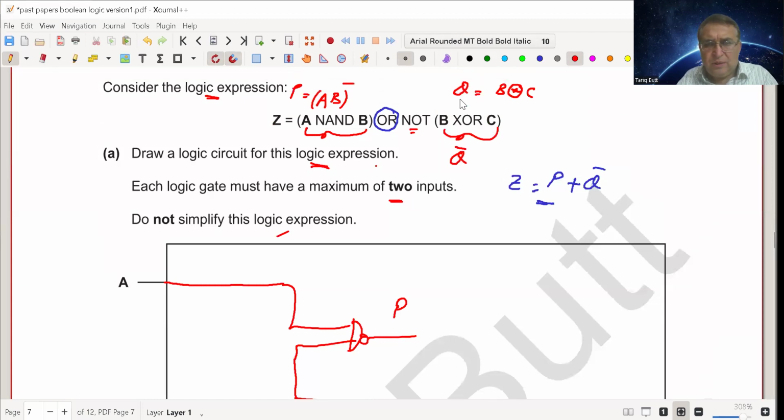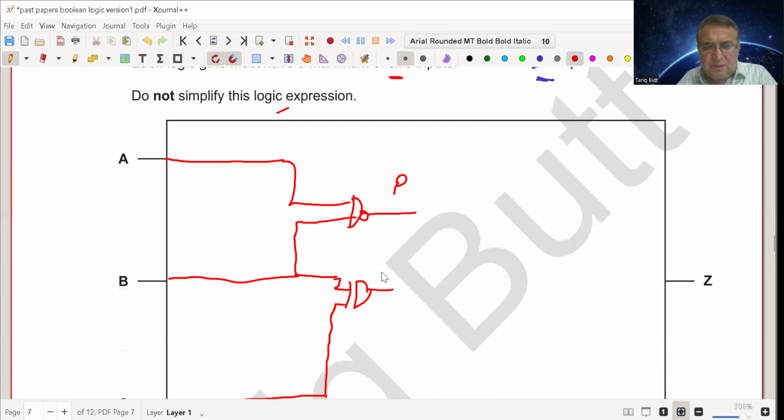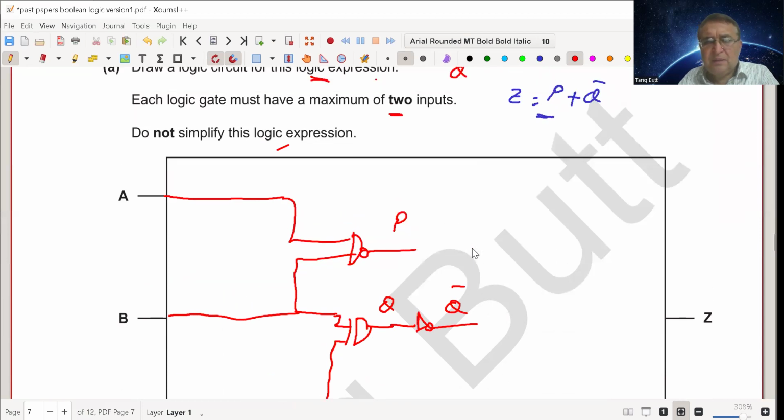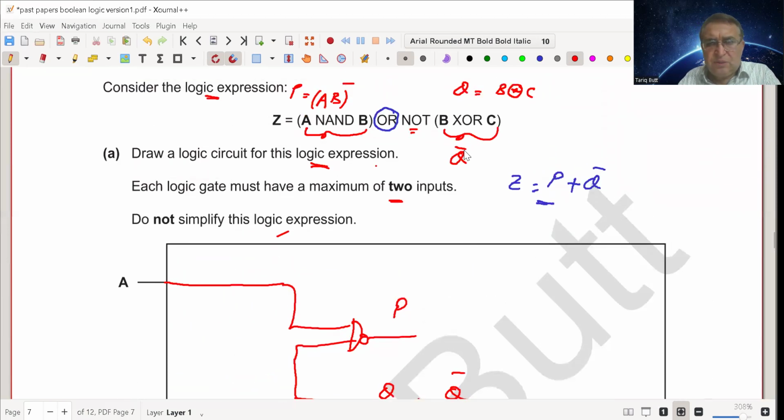Which we had called Q, for instance. And then you need Q bar, which is not of this. So this is Q, and then you have to NOT it to get Q bar. Fine. So this is Q bar, and finally the output Z is P or Q bar.